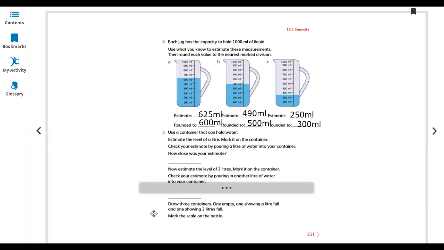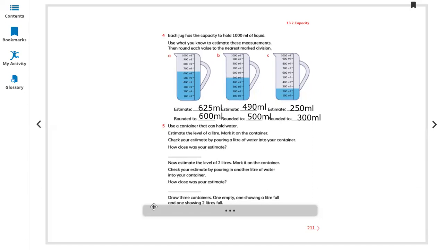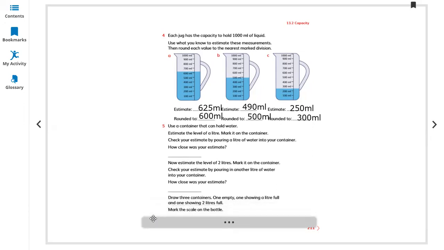Now estimate the level of 2 liter. Mark it on the container and check your estimate by pouring another liter of water into your container. How close was it? Obviously, if the mark is available, it's easy for you. If you're putting 900 in the second jug, it's the same level. And in the third jug also, it's the same. This is the activity you can do by yourself.